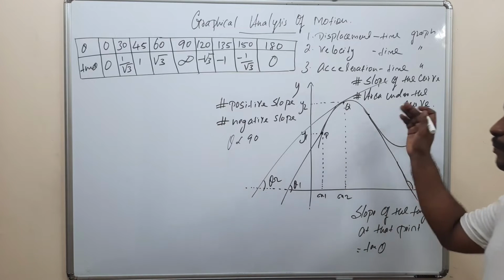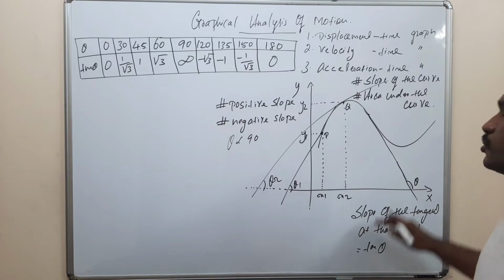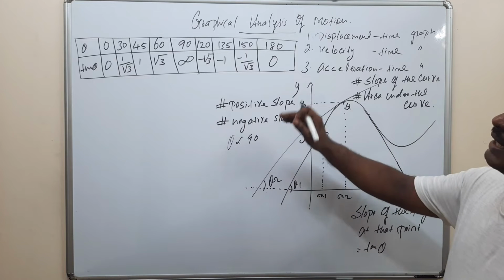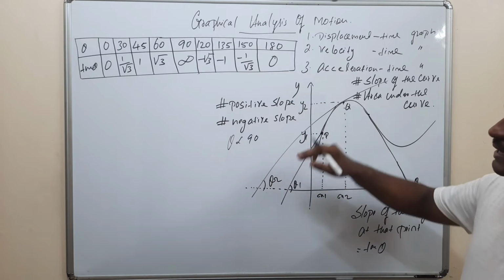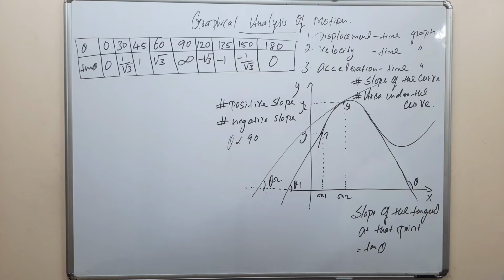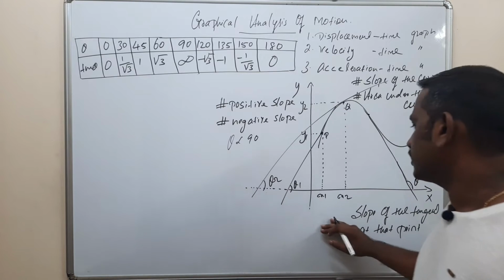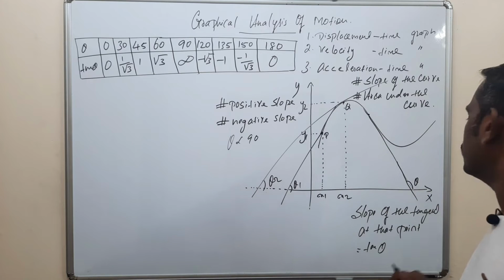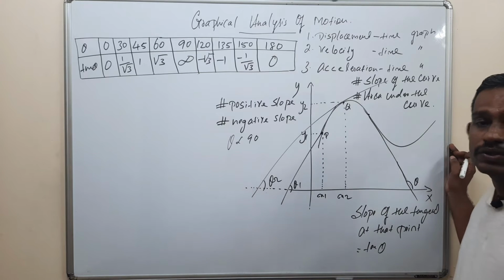Negative slope is if the angle made by the tangent with the horizontal x-axis is greater than 90 degree, or in the decreasing portion of the curve we get negative slope.